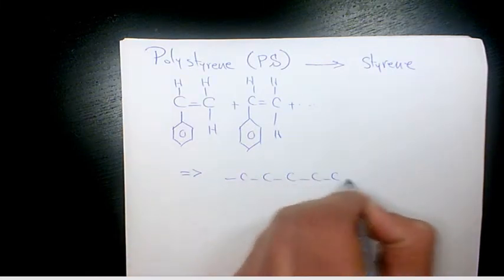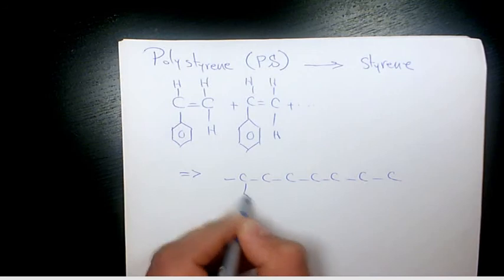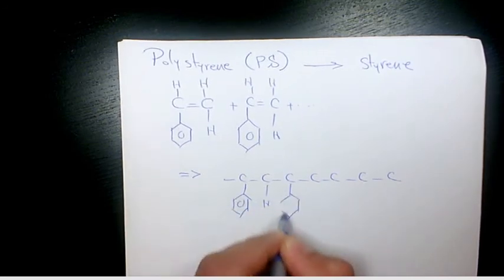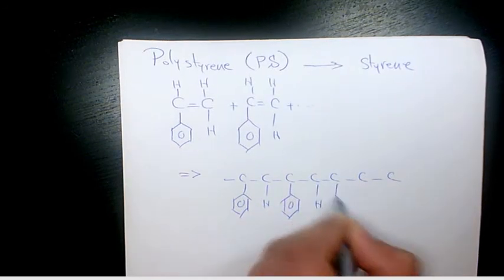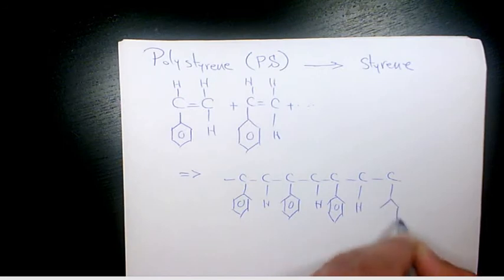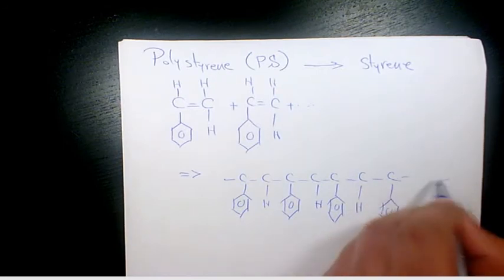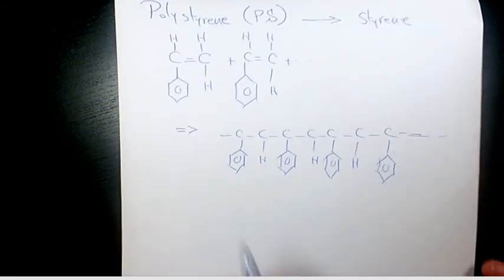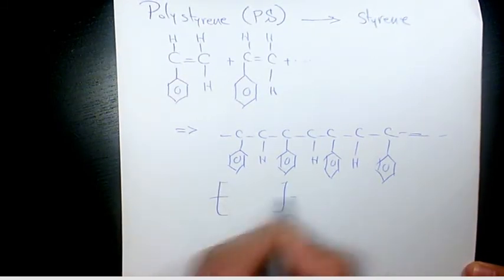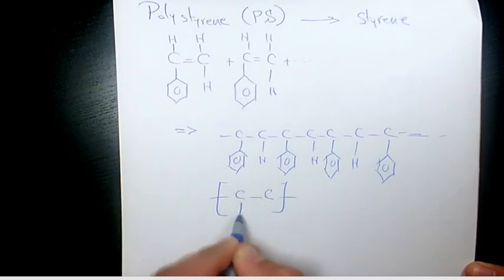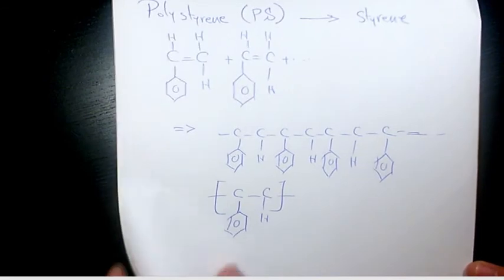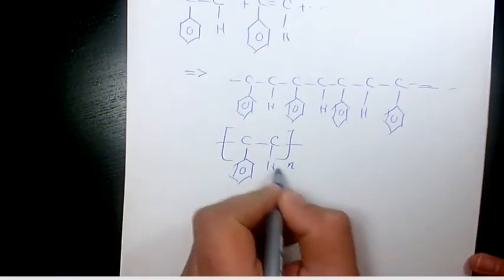So we're going to have single bonds here, and so on, which is usually shown like this: carbon, aromatic ring, and that's going to be hydrogen. So basically we put n in here.